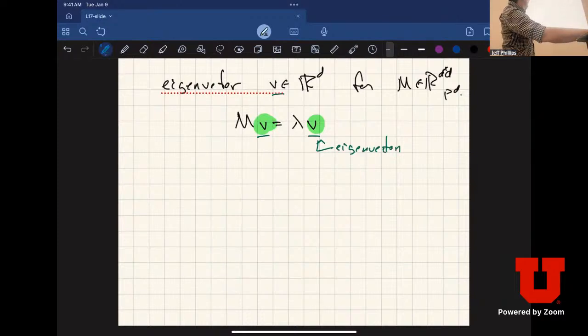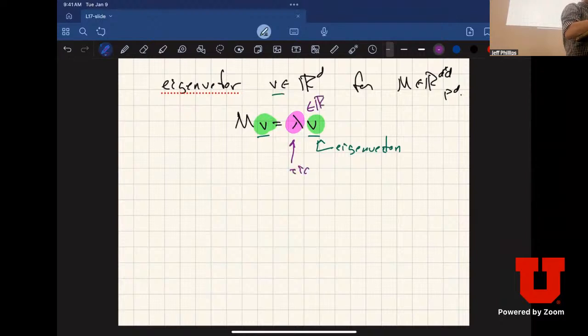So I multiply the matrix by a vector, I get back a scaled version of the vector. That scaling is a scalar, a real value, and this is an eigenvalue. It tells you how much it's scaled.